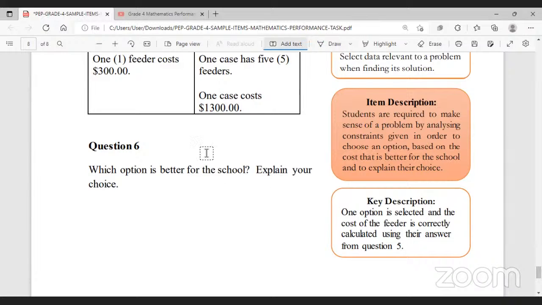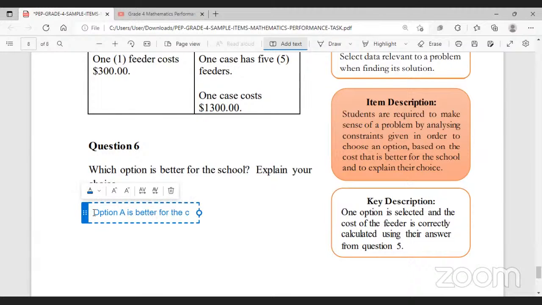So we can go ahead and explain our choice now to say option A is better for the school because, and I'm using this as a clear statement to say because, the school only needs 7 feeders.